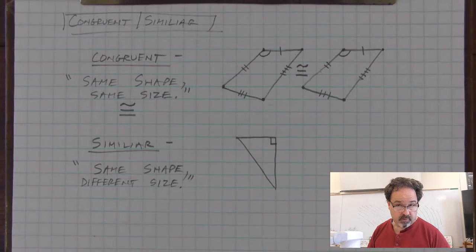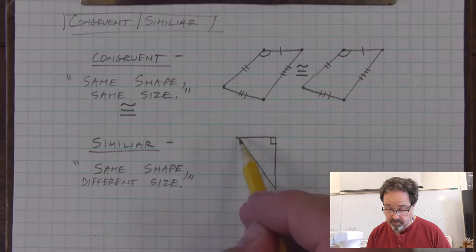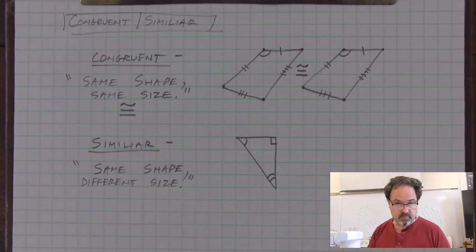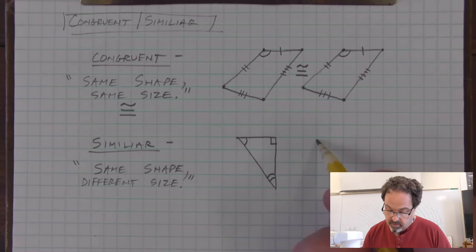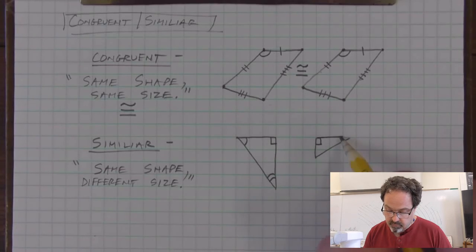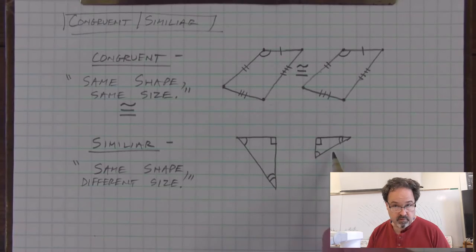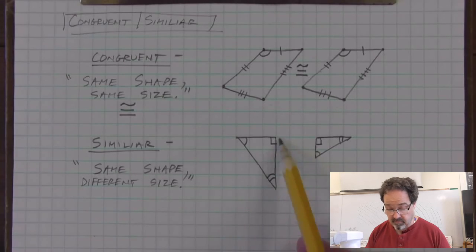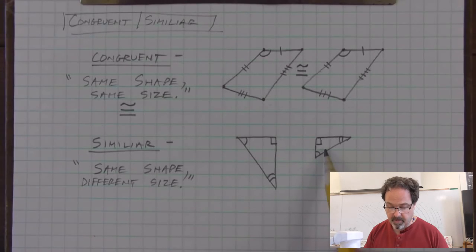I've drawn a right triangle. It has a right angle in it, and I could use arcs to highlight these other two angles. If I had another triangle that had a right angle in it, and the other two angles were corresponding and equal to the first, then these two shapes are the same shape that have equal corresponding angles, but they're not the same size.